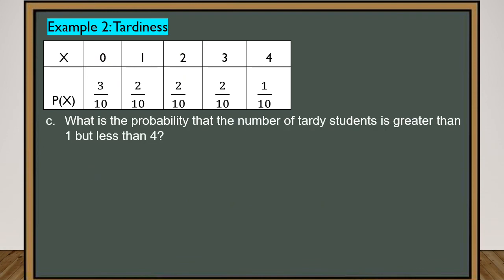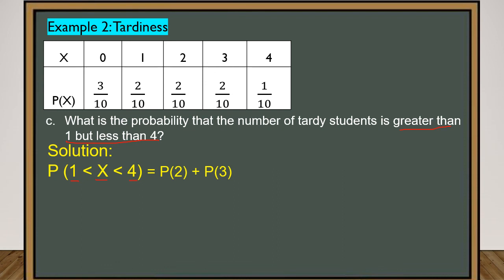The last question is, what is the probability that the number of tardy students is greater than 1 but less than 4? So how do we express that mathematically? We have the notation: x is greater than 1 but less than 4. What are the values of x which are greater than 1 but less than 4?